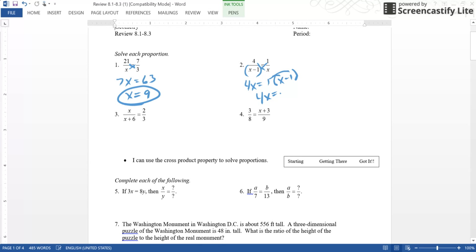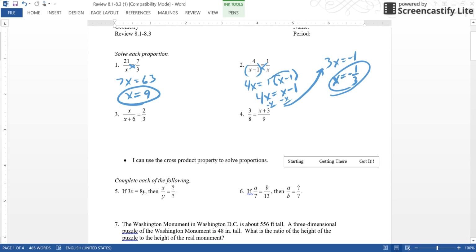I get 4x equals x minus 1. I'm going to subtract x from both sides. I'm going to go up here. I get 3x equals negative 1. x equals negative 1/3.